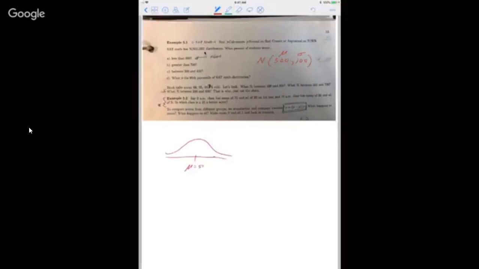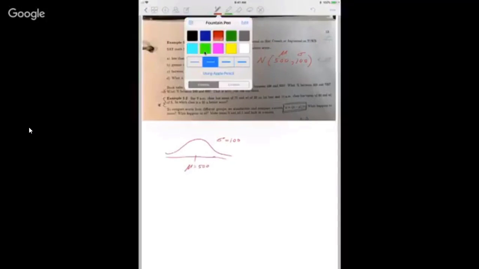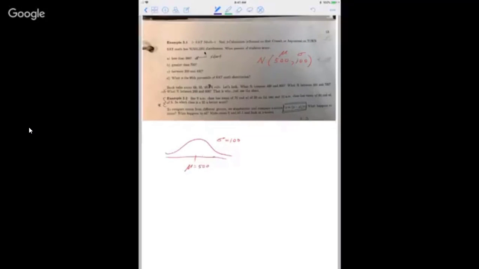On this sketch, I'll label mu equals 500 and standard deviation equal to 100. Then I write 600, which is my x value. Area to the left for less than, and we are looking to see what that percentage is.